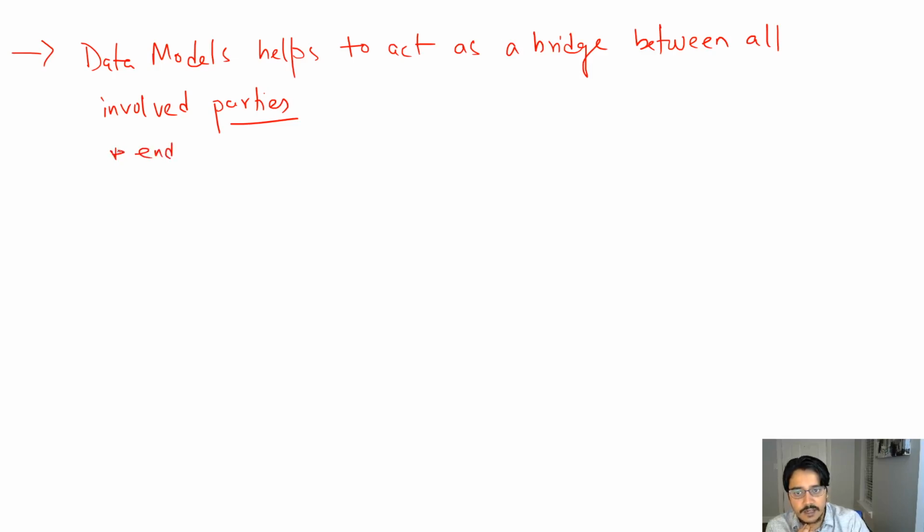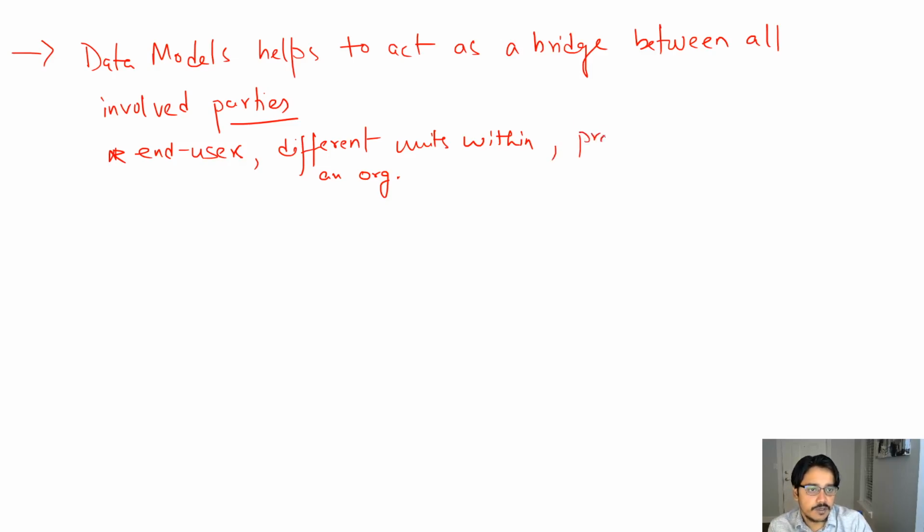So we can have end users, then we can have different units within the organization, and then you can have programmers and app developers who will also want to use the database, right?